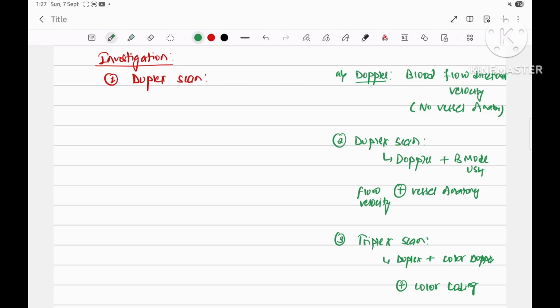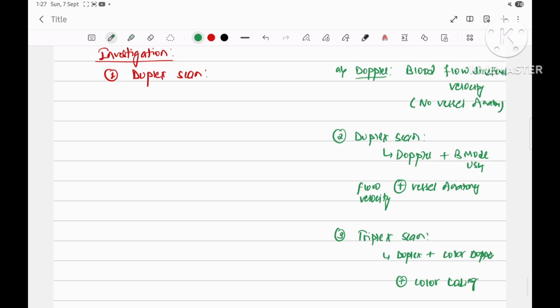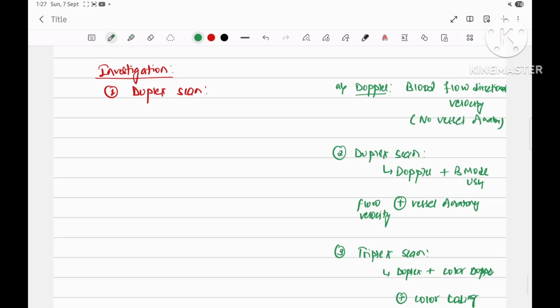The second one is duplex, where we can see blood flow velocity along with vascular anatomy. But in case of triplex scan, we can see the color coding. So these are the three types of scan which we usually do. But in case of varicose vein, duplex scan is sufficient. So the first investigation that we do is the duplex scan.